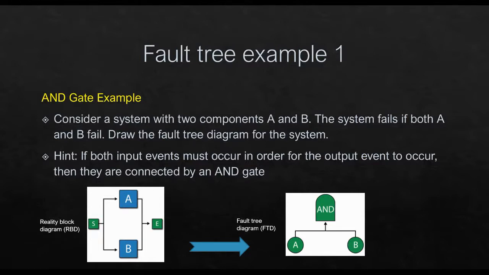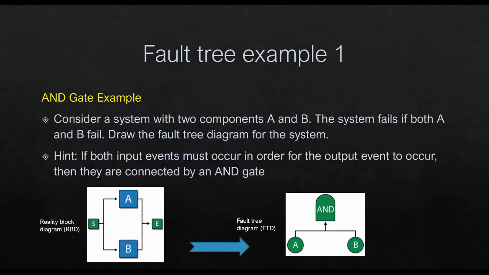I think you have already learned about logic gates. For the logic AND gate, the output is equal to 1 if and only if both of the inputs are equal to 1. So if A and B are equal to 1, the output of the AND gate is equal to 1.